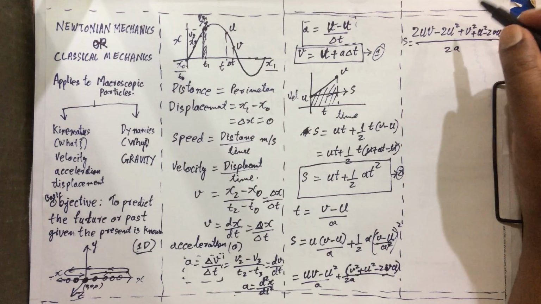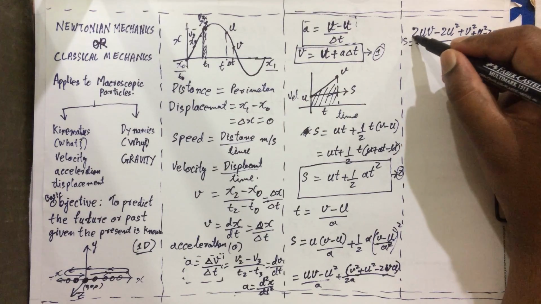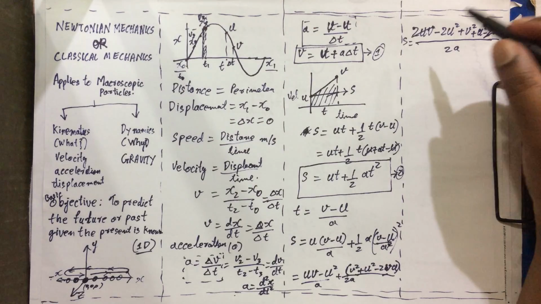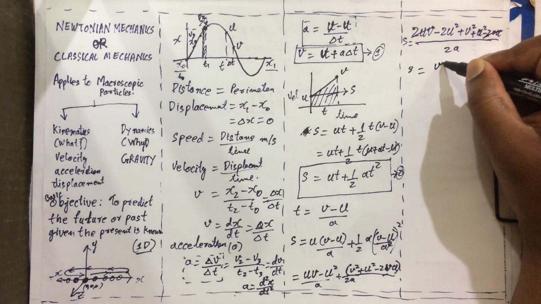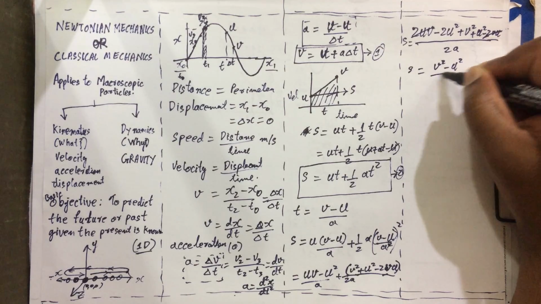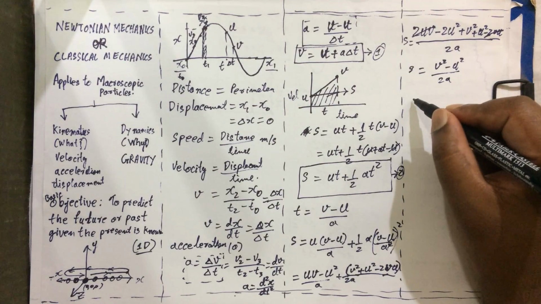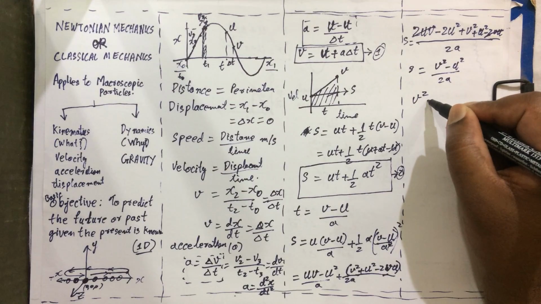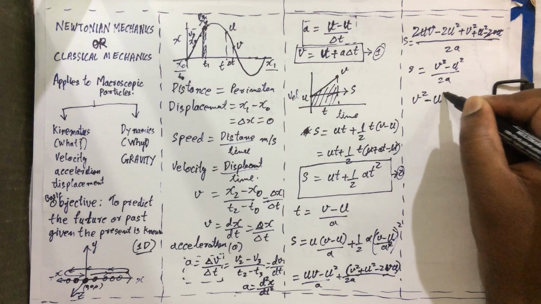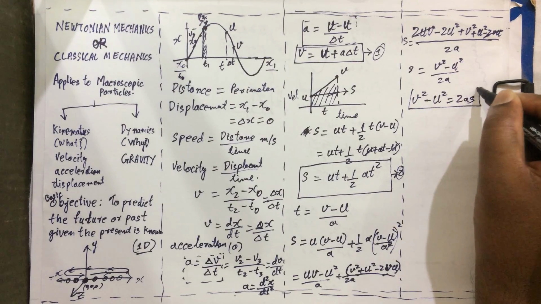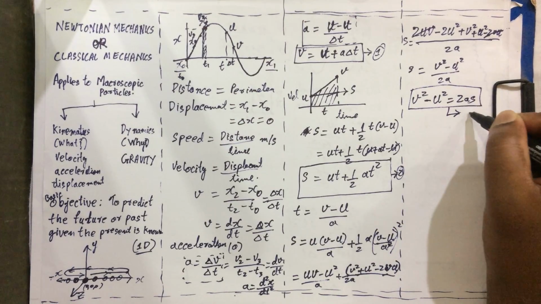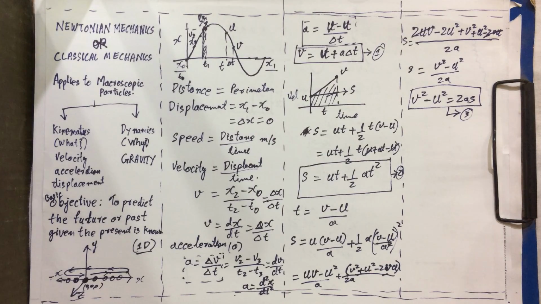From here we can see that these terms will get cancelled, and you will end up with s equals v square minus u square by 2a. So here we can say v square minus u square equals 2as, and this is the third equation of motion.